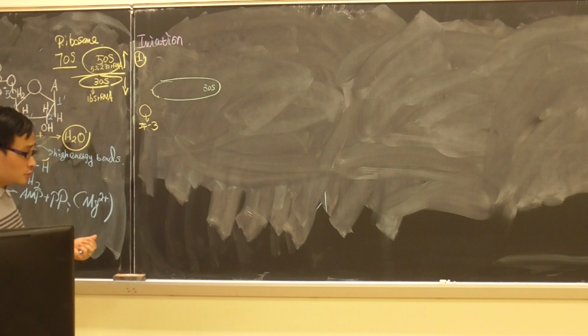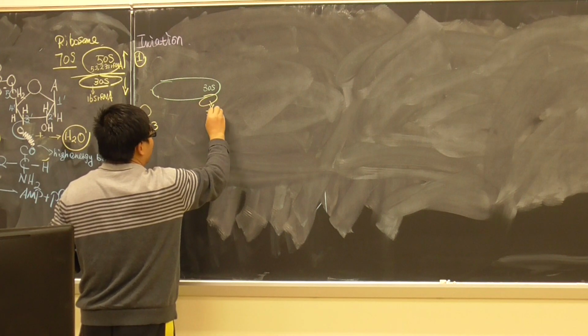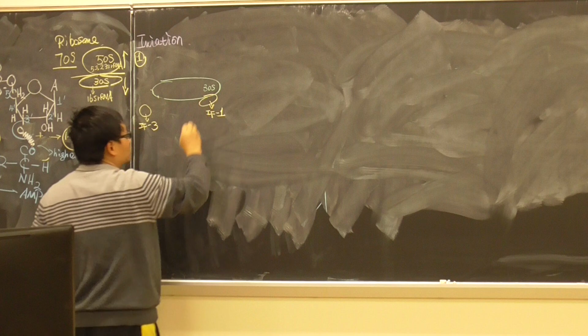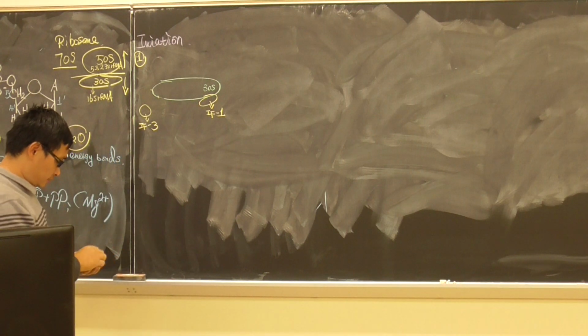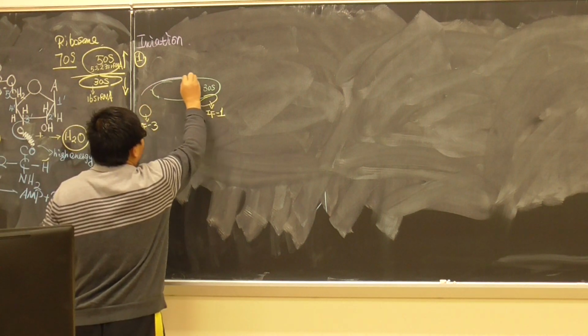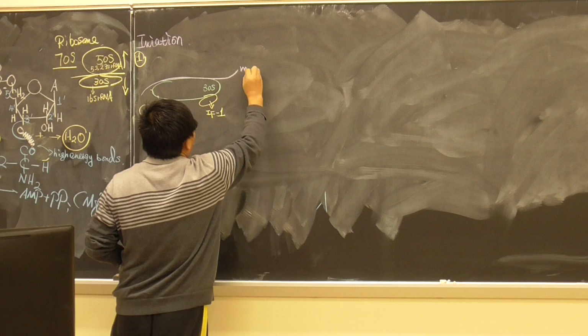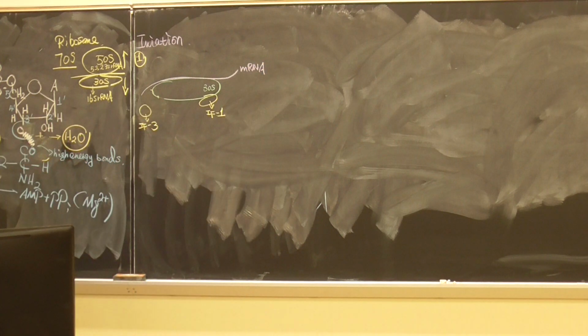Now, what else is going to be there? Initiation factor 1 will attach to the 30S subunit. Then we have an mRNA coming in.